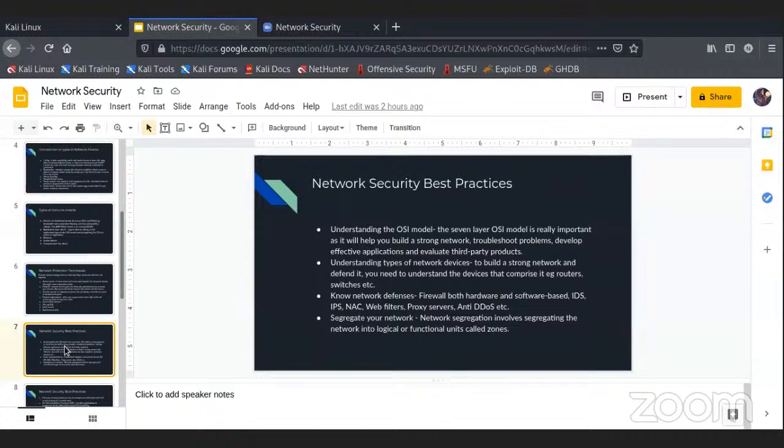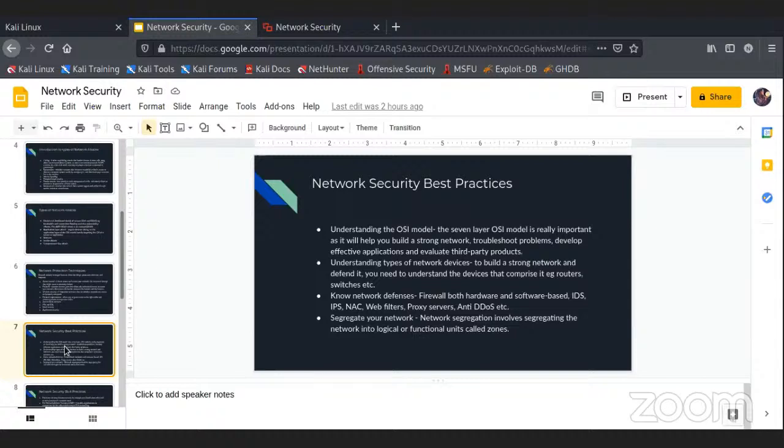And understanding types of network devices, starting from the bottom going up, from switches to routers, there's bridges.